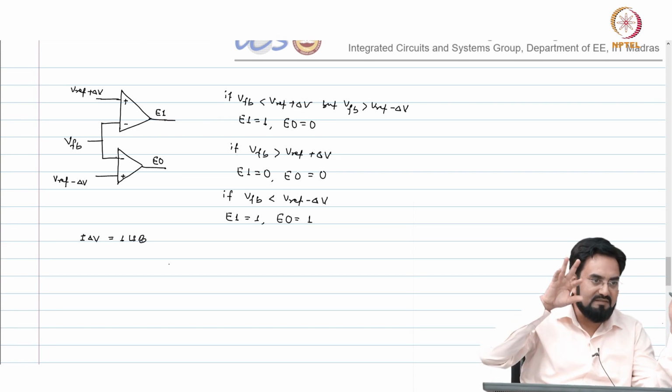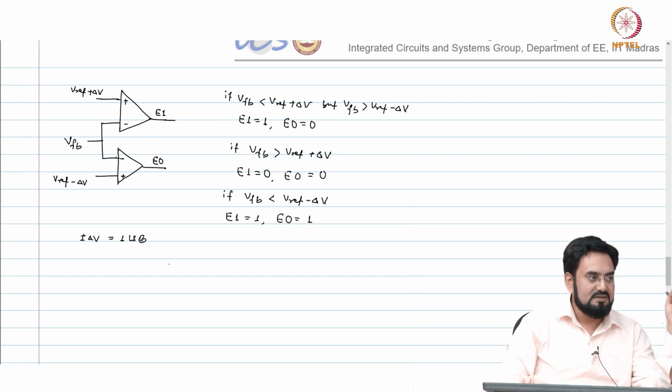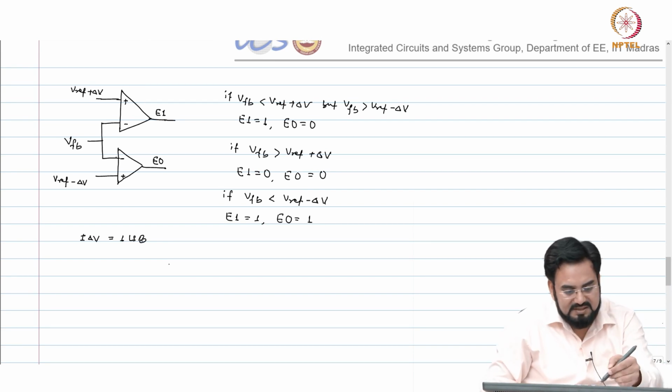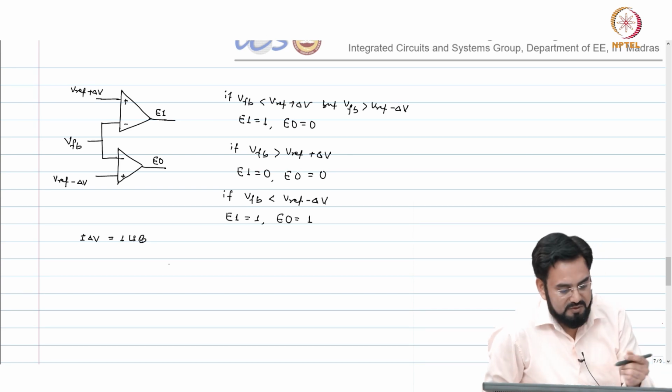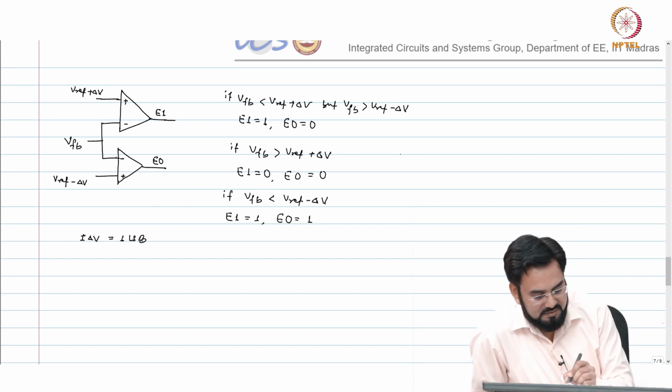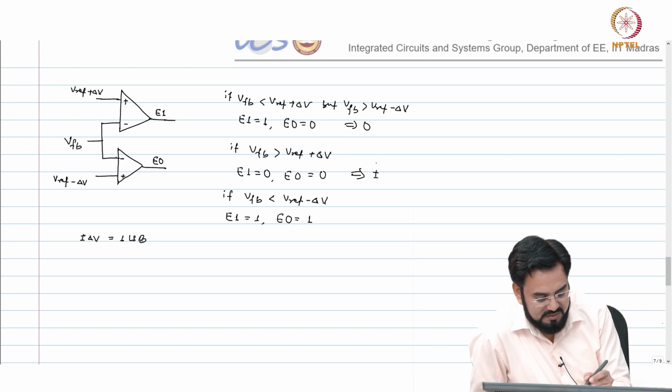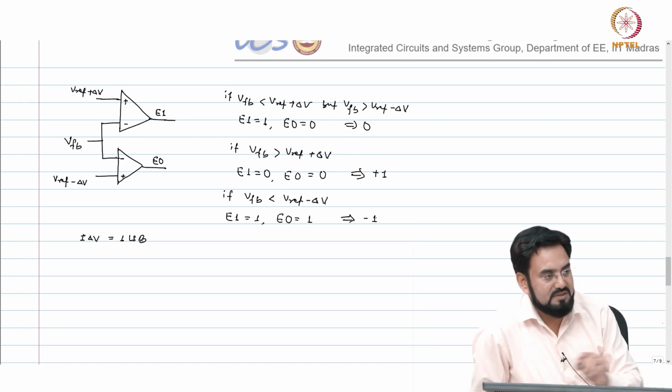So, now you have 3 levels. In fact, you have 4 levels here, but you will get 3 possible outputs. You treat it as 0, you treat it as +1, you treat it as -1.